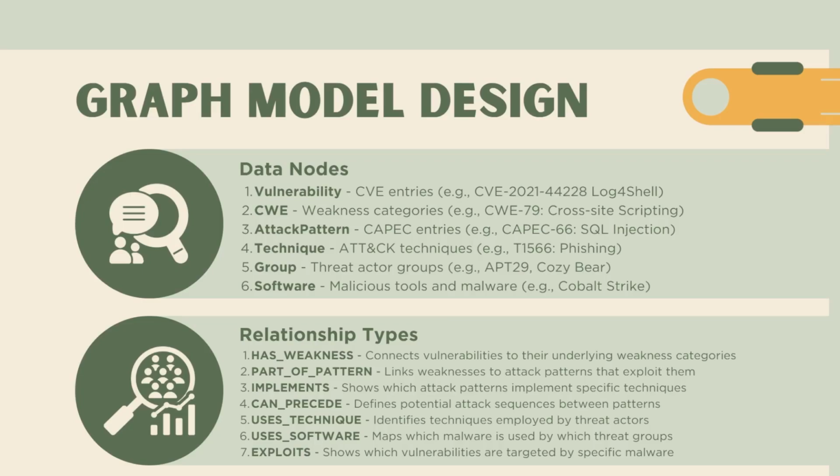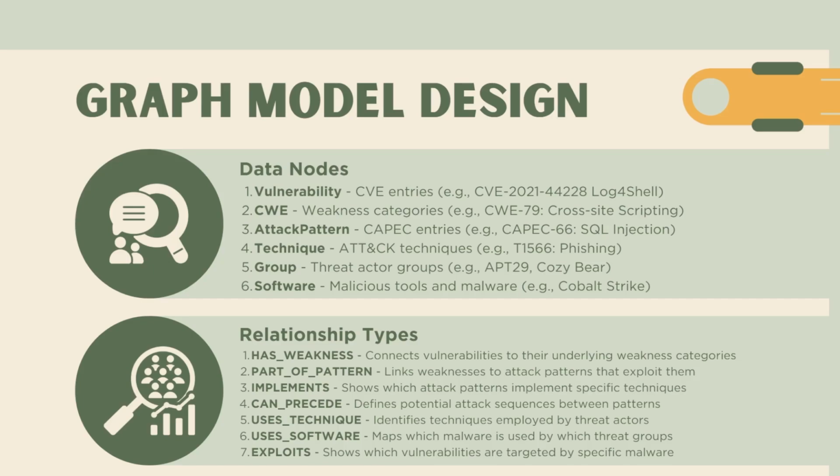This is the graph model design that Hung and I came up with. We have different data nodes: vulnerabilities, CWE, which are weakness categories, for example CWE-79, which means cross-site scripting, attack patterns, meaning how you can attack the cybersecurity network, techniques, groups, and software.